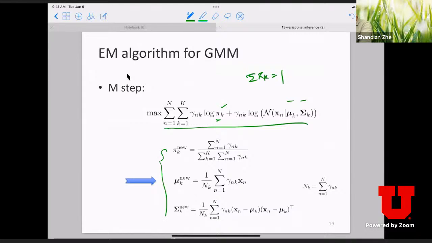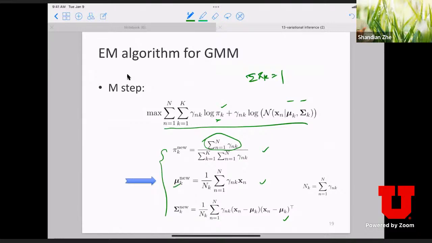Pi k new has this form, and mu k new and sigma k new have the following forms. So you can see that pi k new is just the summation over every data point of the posterior probability that the data point belongs to cluster k. Just sum over them and then normalize it. This is your pi k new.